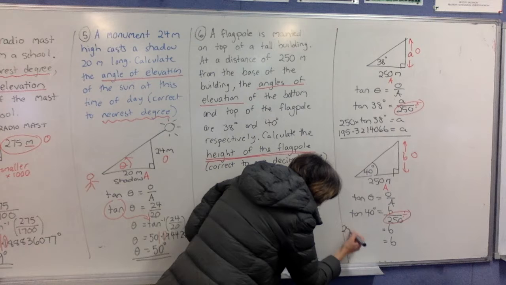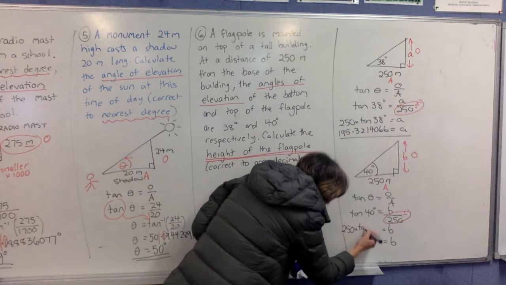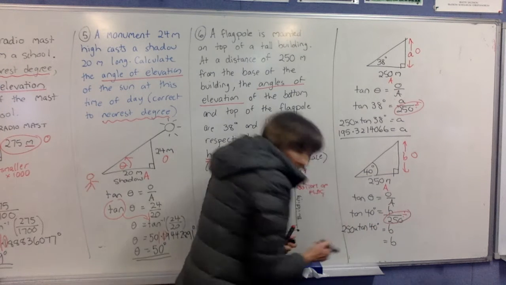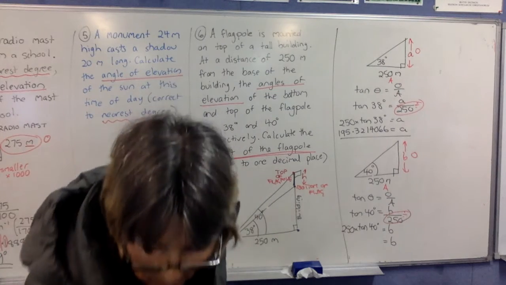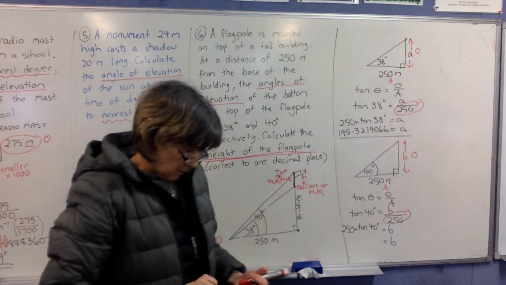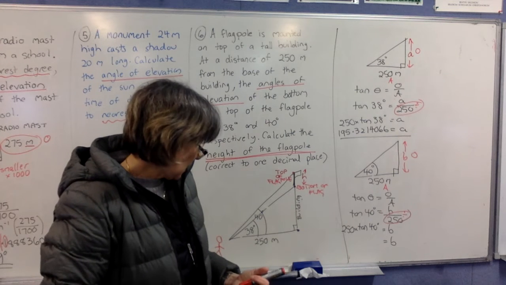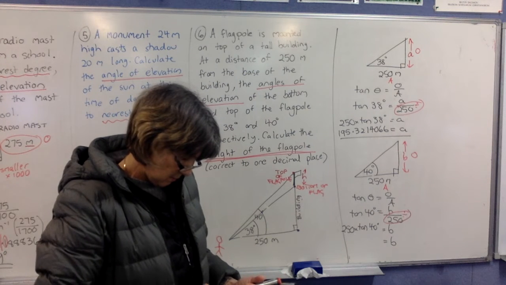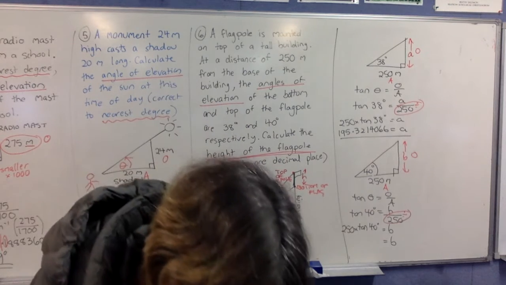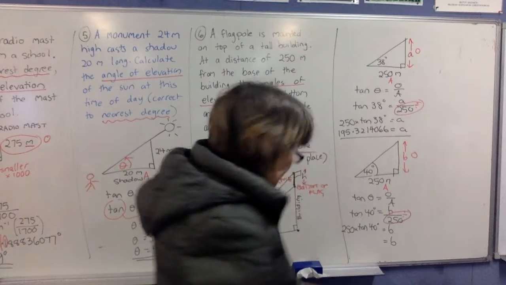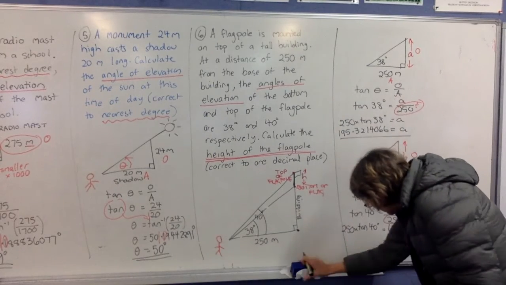Times by 250 over on the other side. And now we're going to our calculator. So we're typing in 250 times tan 40 and write down your answer. No rounding.